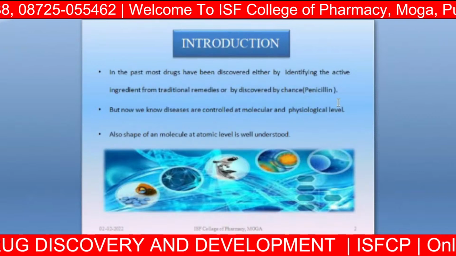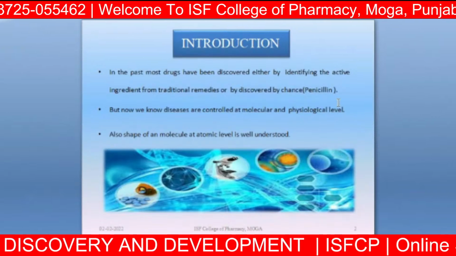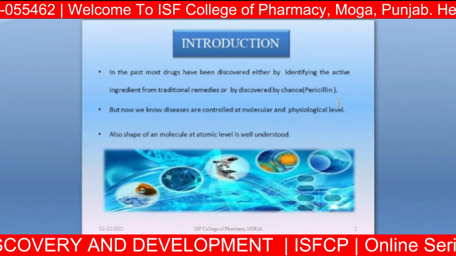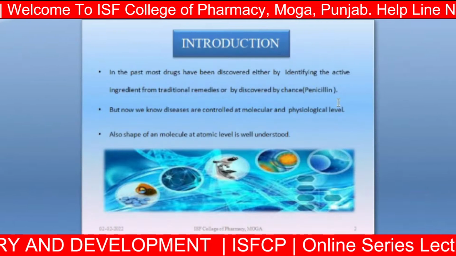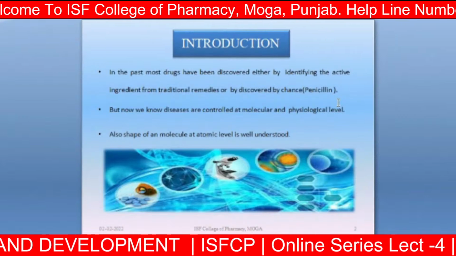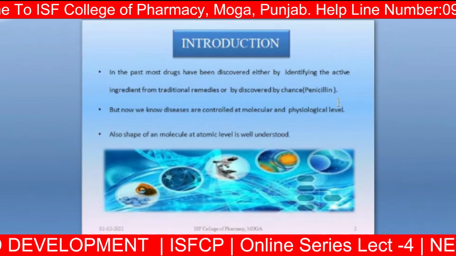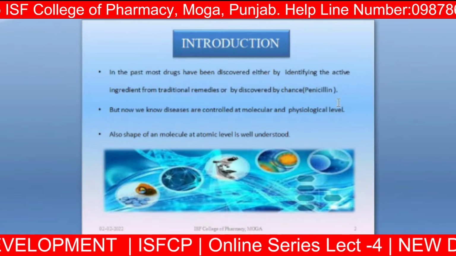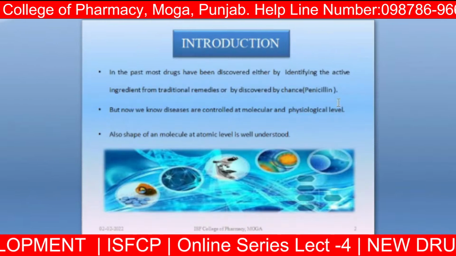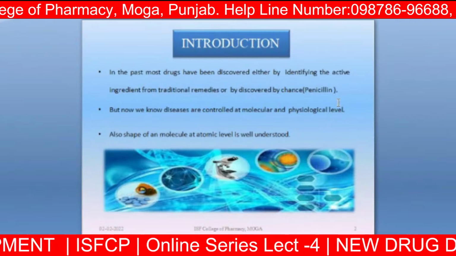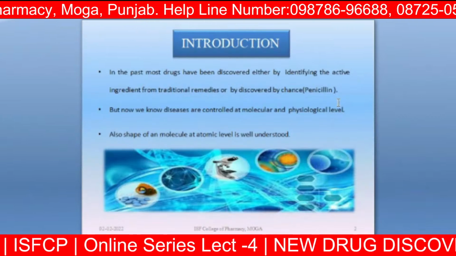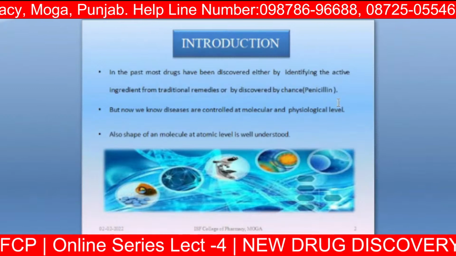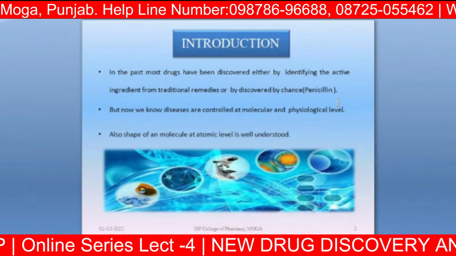First is by obtaining the API from traditional medicines, by using a particular API from the medicament, considering the various pharmaceutical as well as pharmacological aspects. Second is by chance discovery. If we talk about penicillin, this is one of the best examples, discovered by Alexander Fleming.